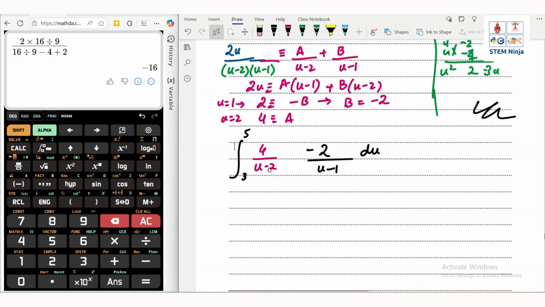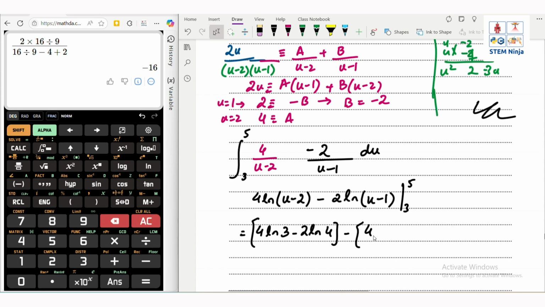Right, okay. Now this is easy because this is all just ln. So 4 ln (u minus 2) minus 2 ln (u minus 1) from 3 to 5. This becomes 4 ln (5 minus 2, which is 3) minus 2 ln (5 minus 1, which is 4) minus 4 ln (3 minus 2, which is 1) minus 2 ln (3 minus 1, which is 2).